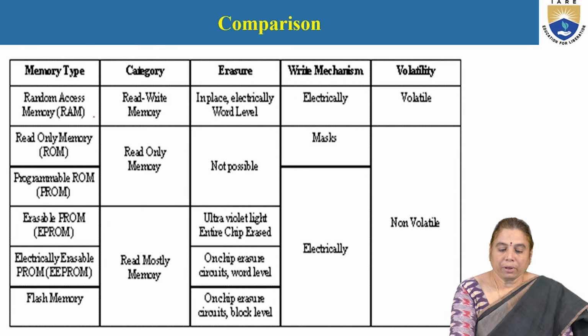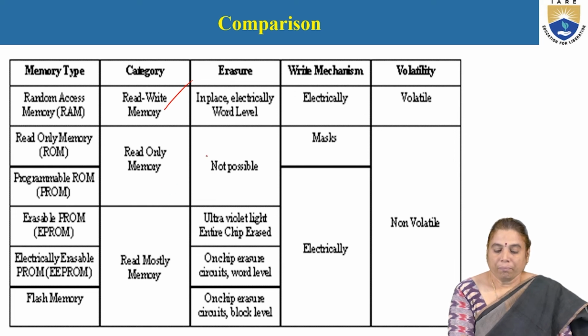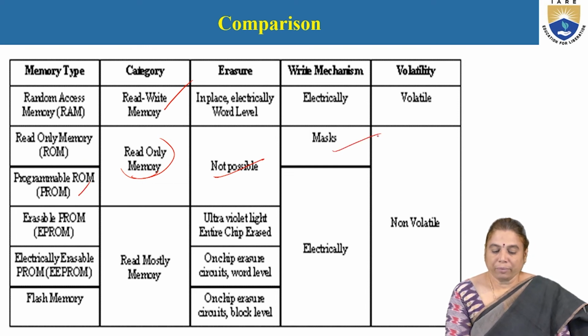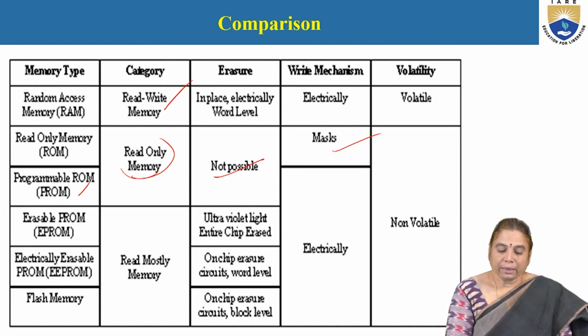Random access memory is a category of memory that can perform read-write operations, but in the case of ROM, it is read-only memory. Erasure is not possible in the case of ROM and PROM, and mask programming is done in ROM and PROM.